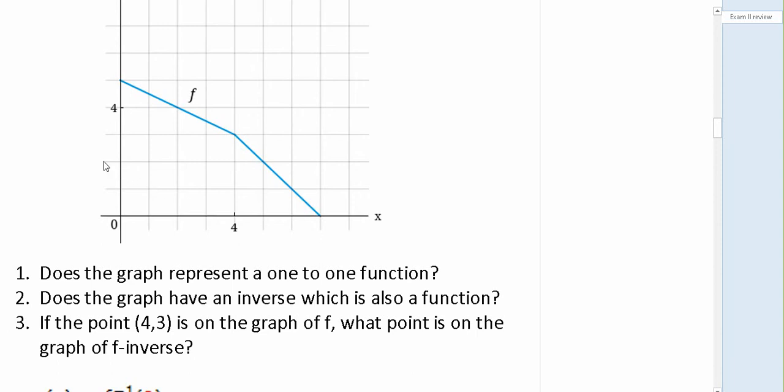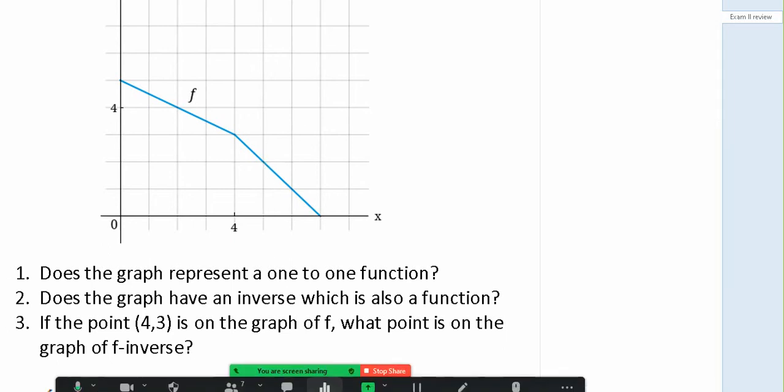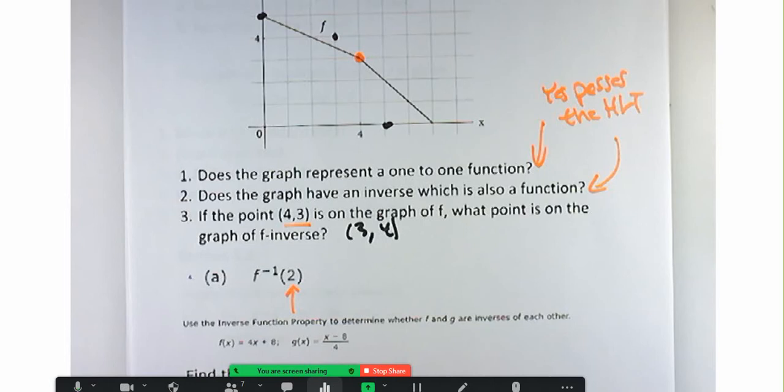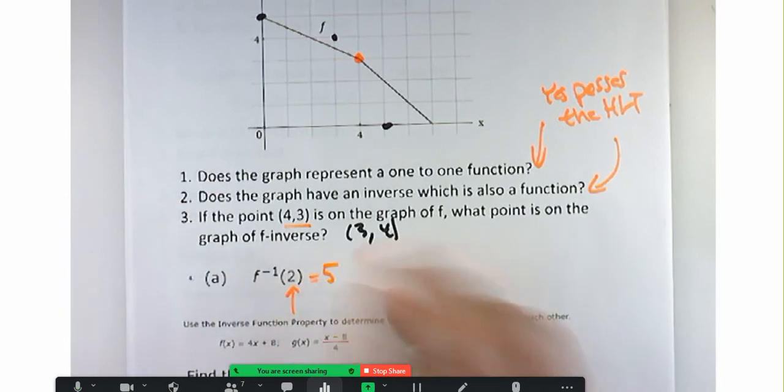So here's your y equals 2. What x value goes with y equals 2? 5. Come over here, strike the graph here, come down. You're at the x-axis at 5. So the answer here is 5.